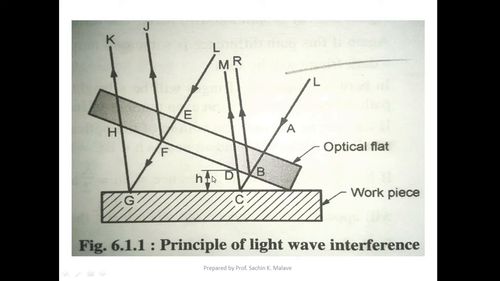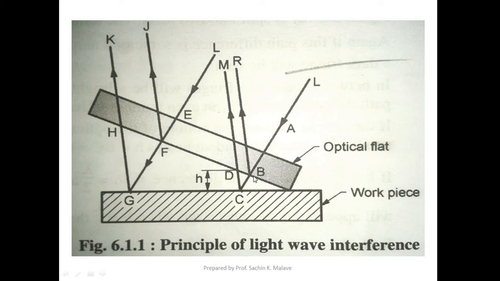Then a ray of monochromatic light, say LA. This ray of monochromatic light will strike the bottom face of the optical flat. This is the top face of the optical flat, and this is the bottom face. So it will strike the optical flat at B, and as it strikes here, it gets divided into two parts.